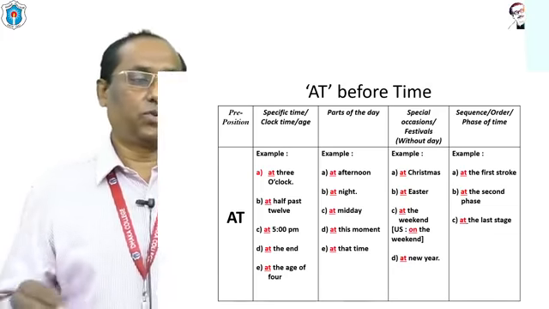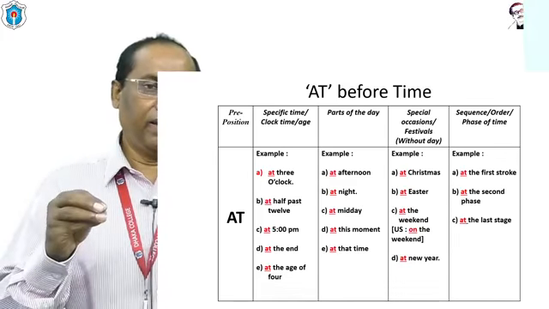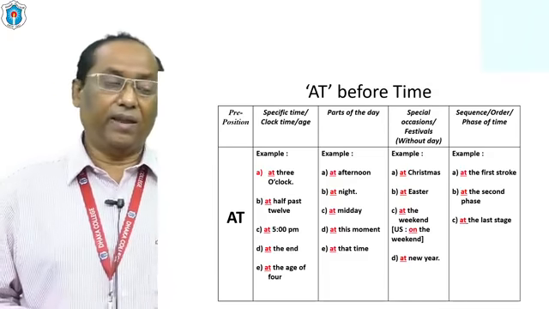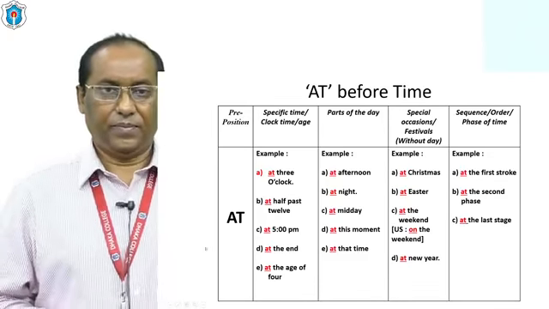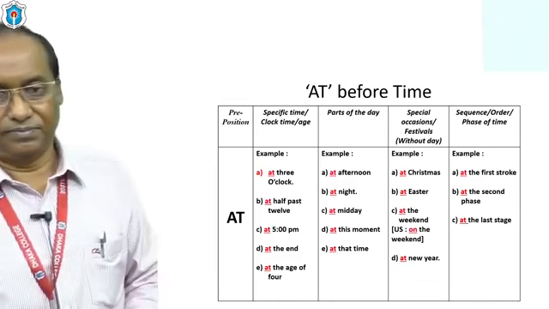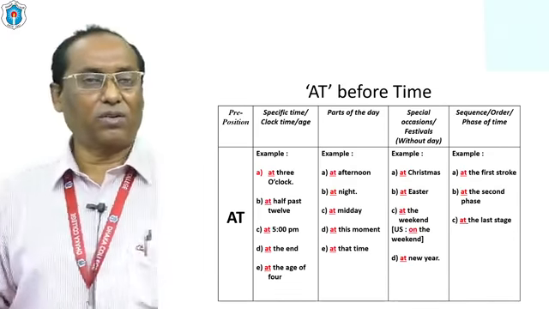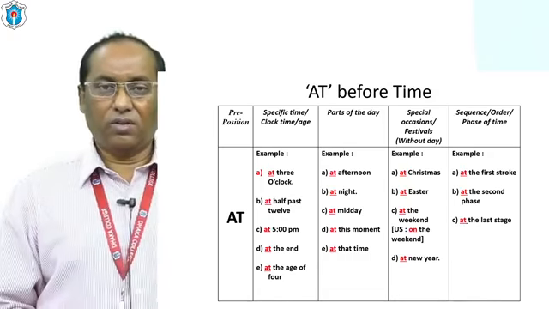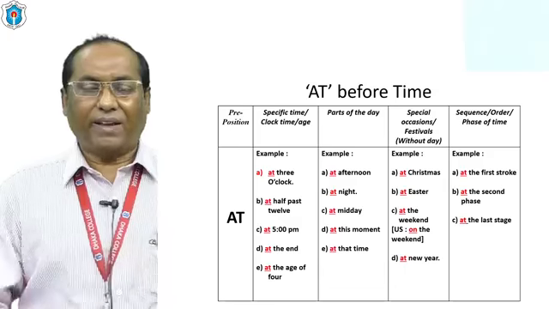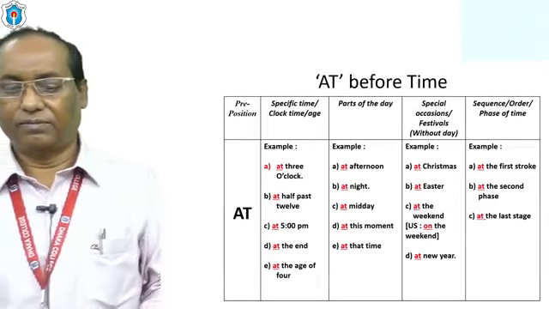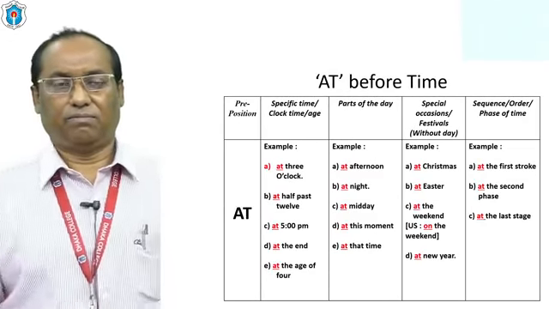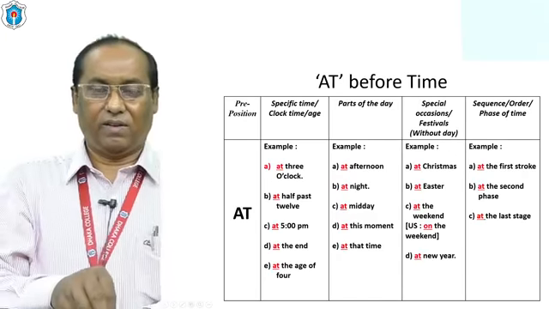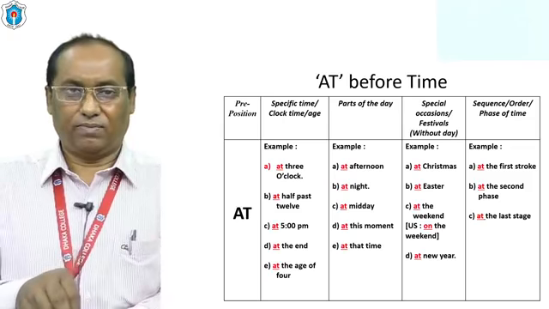At is used to mean the specific time and clock time. For example, at 5 o'clock, at 6 o'clock, at 12:30, and so on. So this is the most specific use of at.